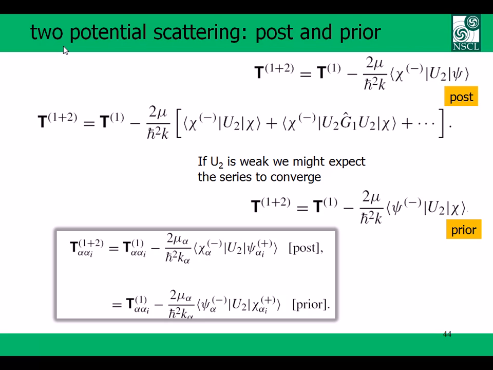And so you can now do, again, an expansion, putting in psi the Lippmann-Schwinger equation, and you get multiple terms, with the first one being of this form, chi minus U2 chi. So if you write down T_{1+2} to first order, this post form and the prior form are actually equivalent.